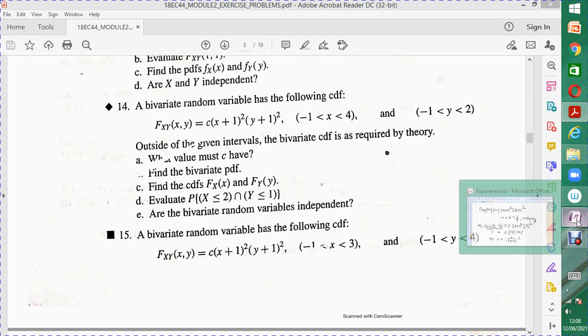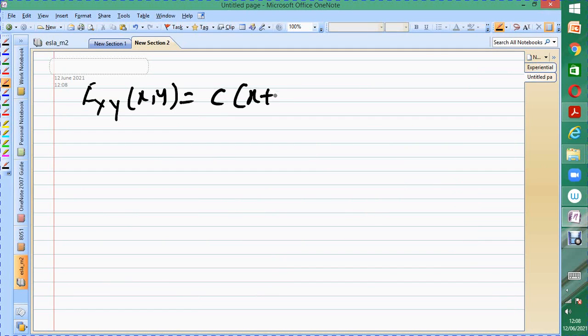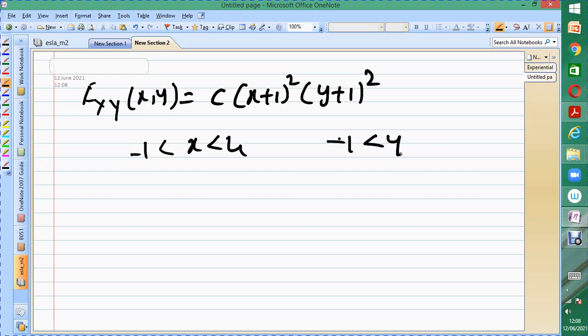Here we'll solve all this step by step. We are given the CDF Fxy(x, y) = c(x+1)²(y+1)², with x lying between -1 to 4 and y lying between -1 to 2. Given this range, first we need to calculate the value of c.